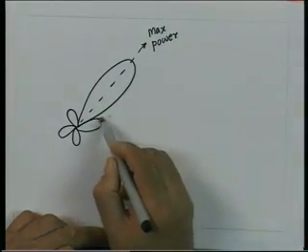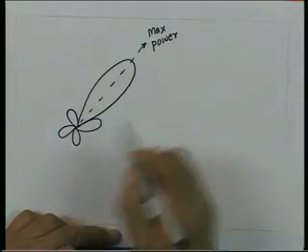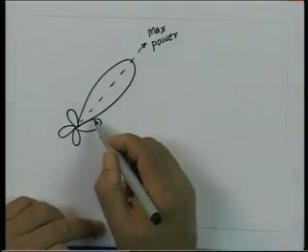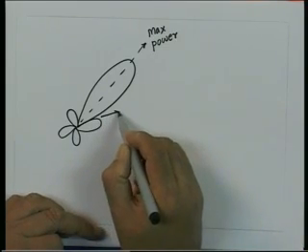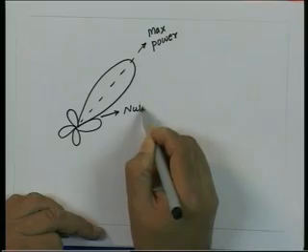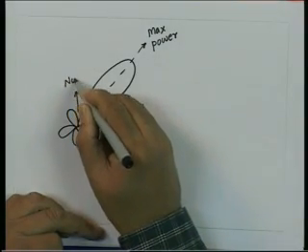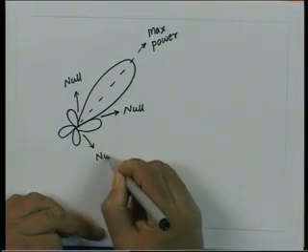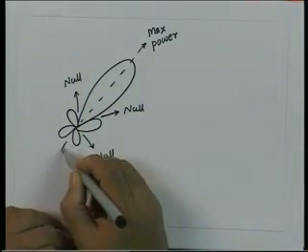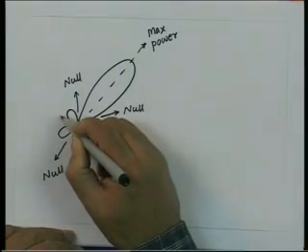Then there are these directions in which there is no electric field, so no power goes in these, and as we saw earlier for the dipole we call these directions the nulls. So we have null here, we have null here, we have null here, here and here.